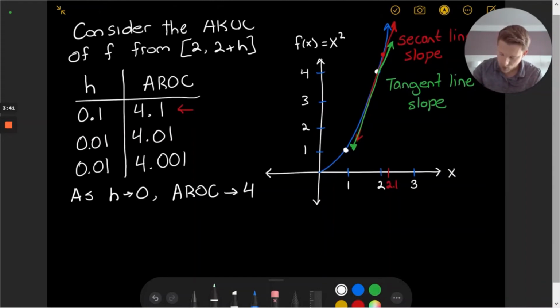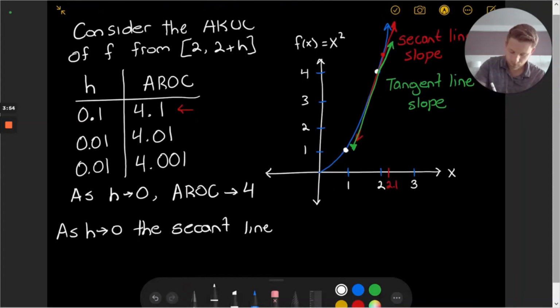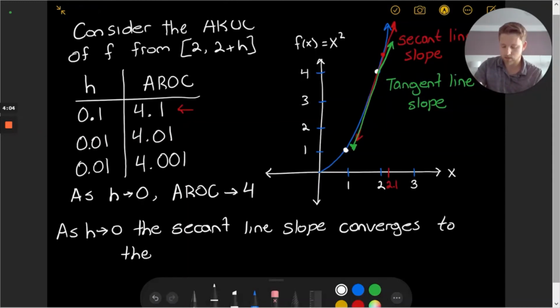As h goes to 0, the secant line slope converges to the tangent line slope.